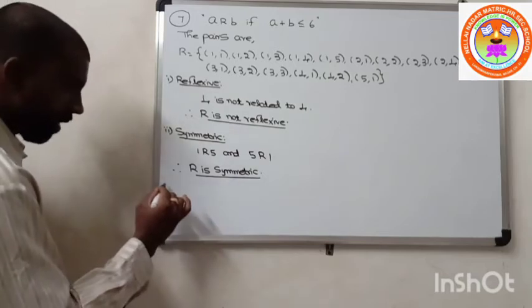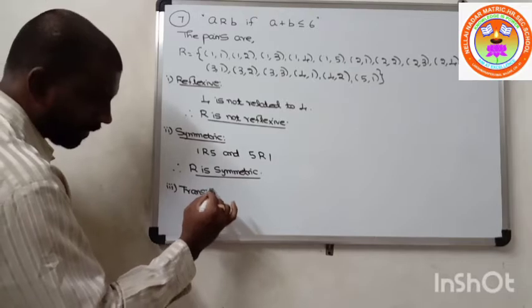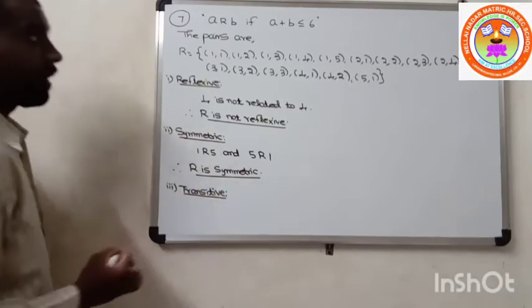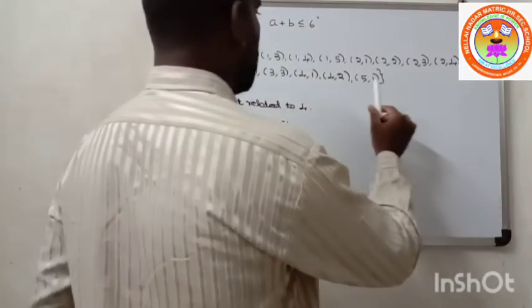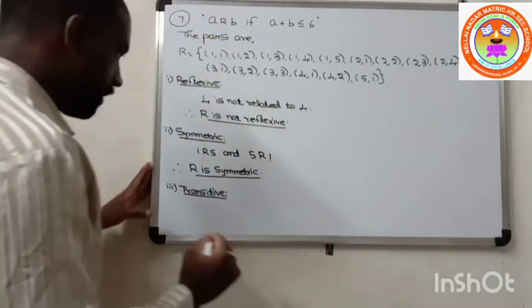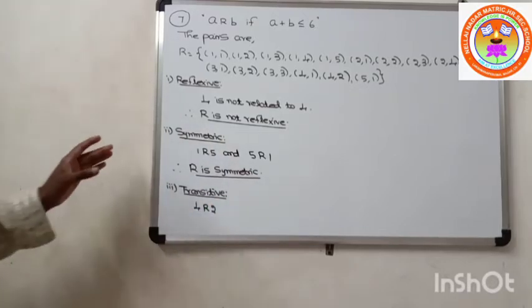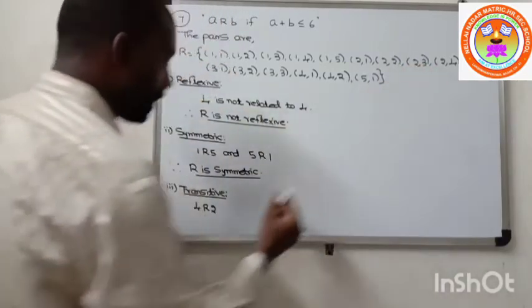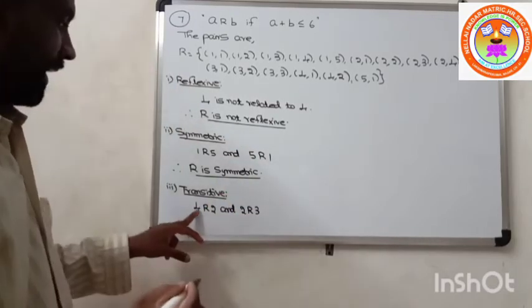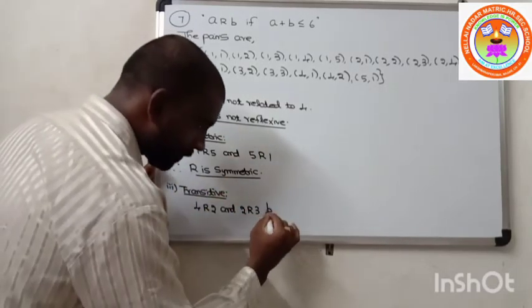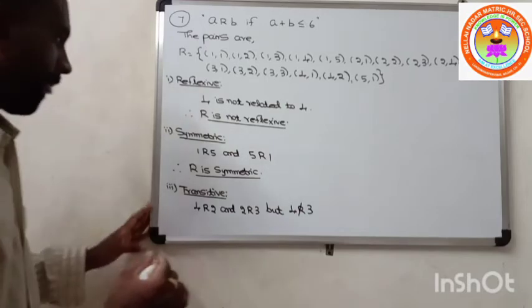Third one, transitive. 4 related 2 and 2 related 3, but 4 is not related to 3.